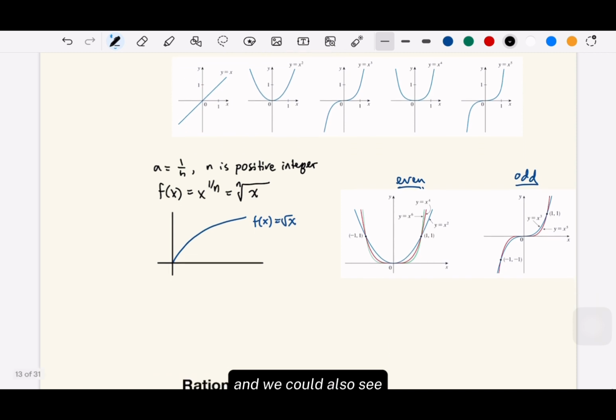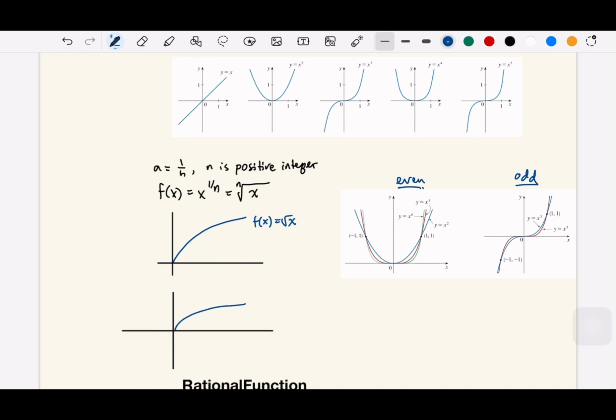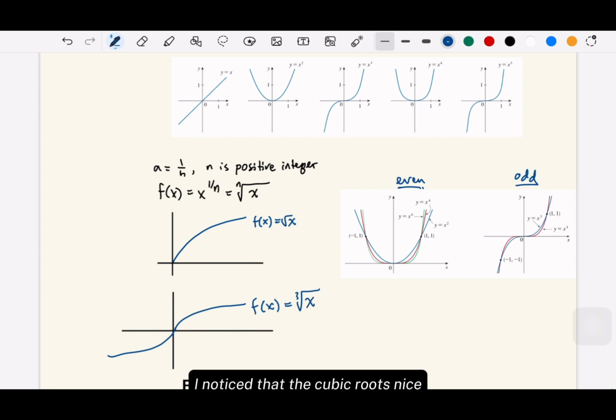And we could also see something like that. This is for the cubic roots. And notice that the cubic root has negative values.